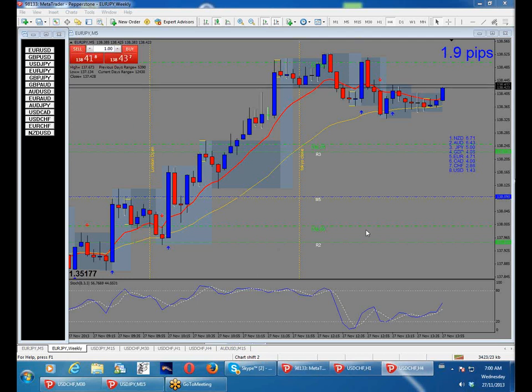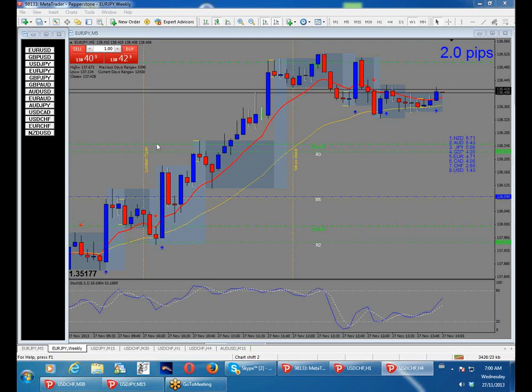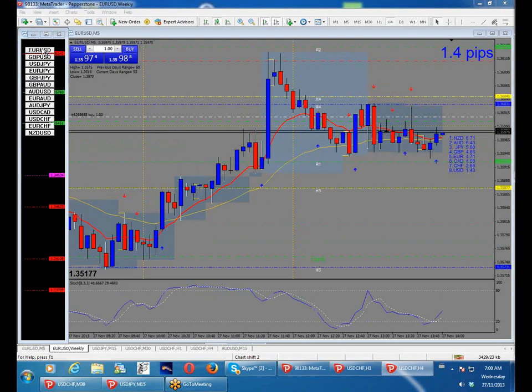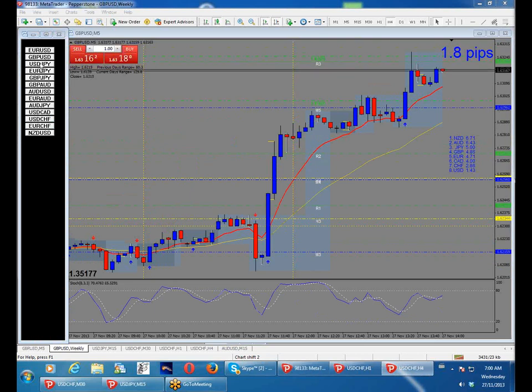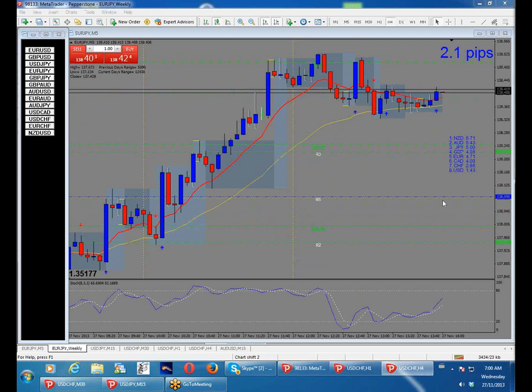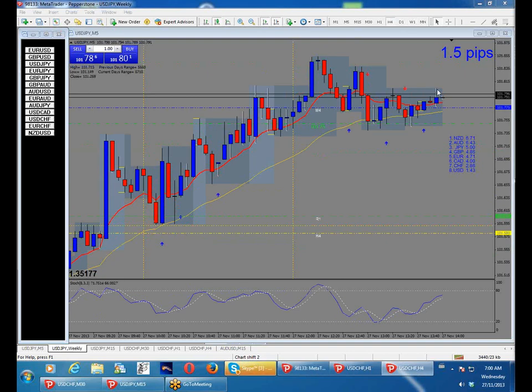Yen long, euro long, there you go. We got a signal on the euro dollar and the euro yen. And we've got an outside bar on the dollar yen. Yeah, I was just looking at the outside bar. We haven't broke it though.